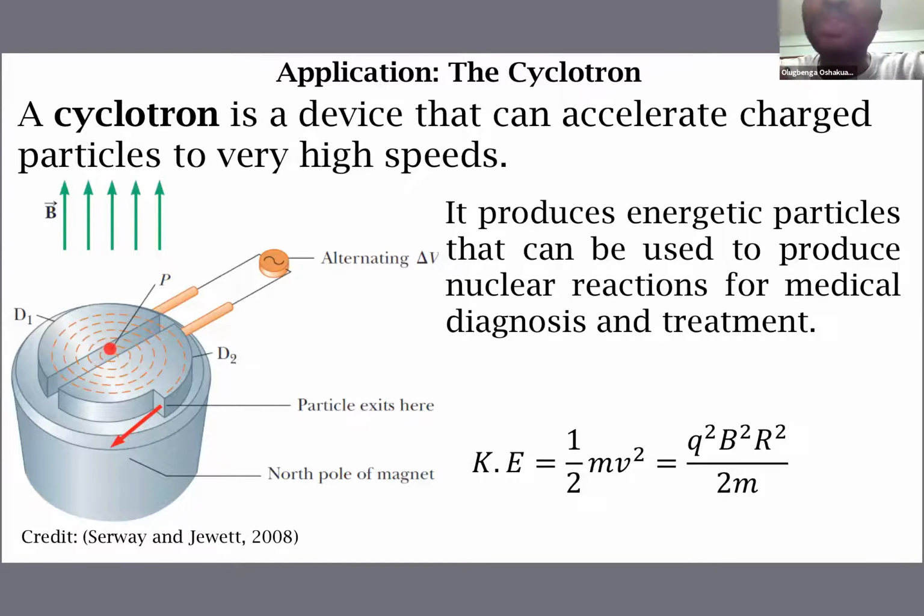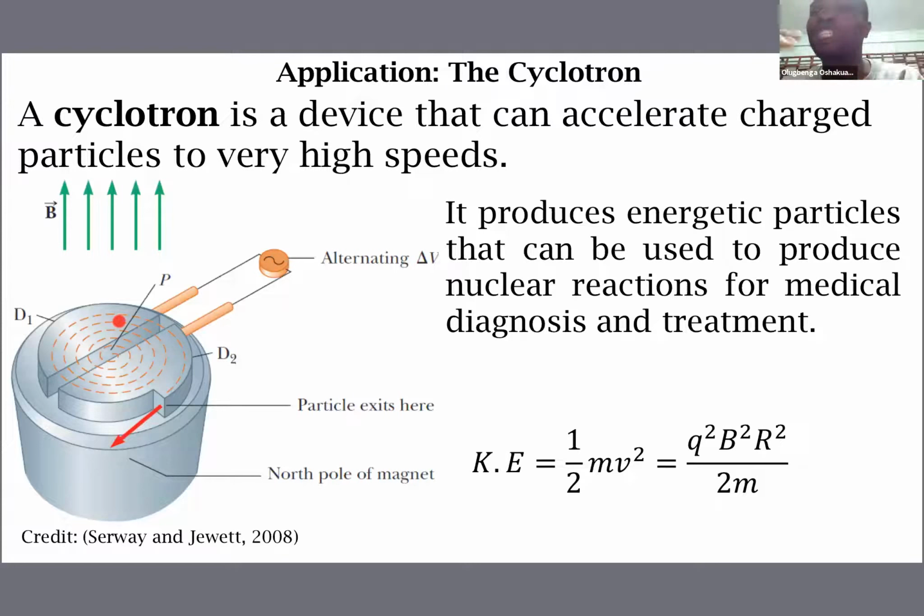When the particle is injected through the center into, let's say, D2, the potential difference between D2 and D1 will make the particle accelerate and spiral out of D2. When it's going towards D1, the voltage will alternate. Before, D2 was positive while D1 was negative.